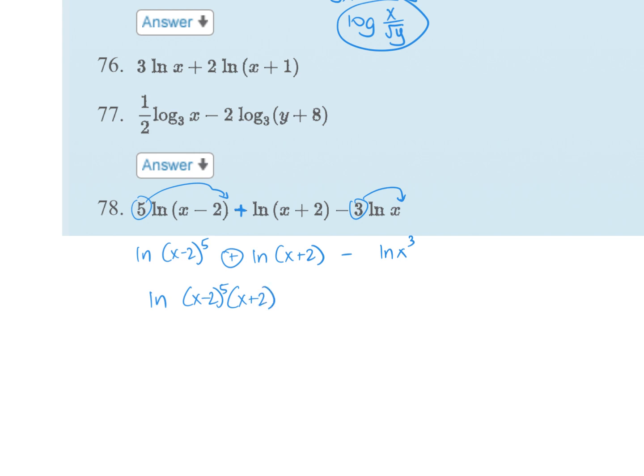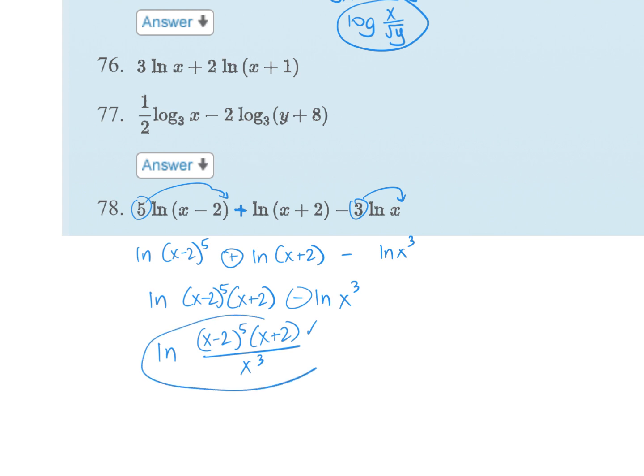And then I've got minus natural log of x to the 3rd, and then this minus ends up being division. So x minus 2 to the 5th, x plus 2, all over x cubed. And I think that that would be good enough. I mean, I could simplify this numerator a little bit, but I don't think we're going to ask you to do that. I think this is really good enough.